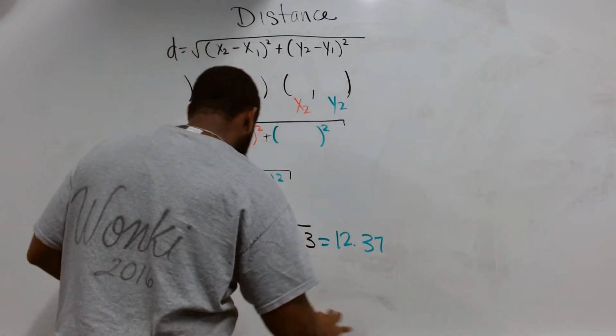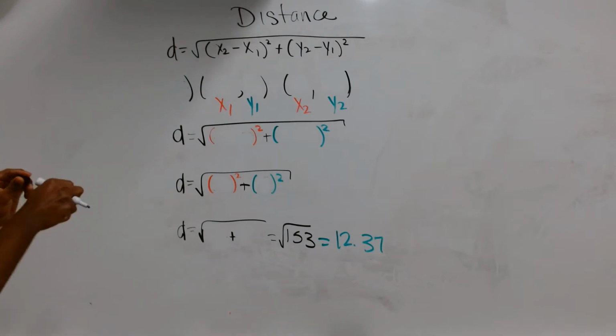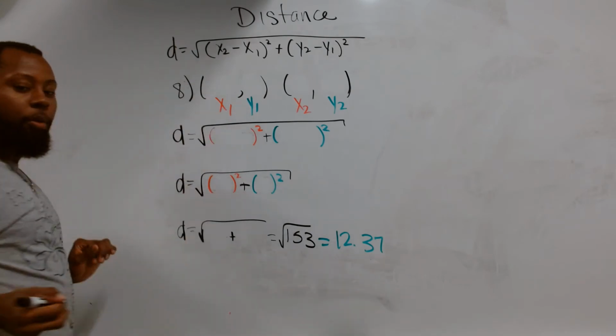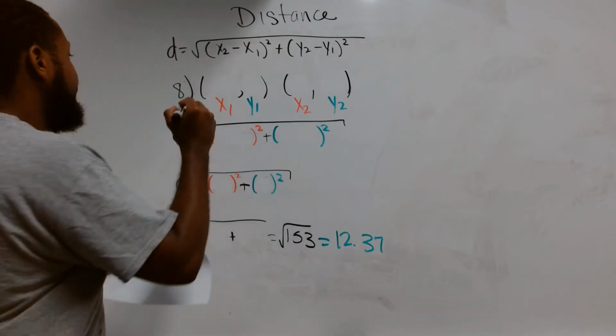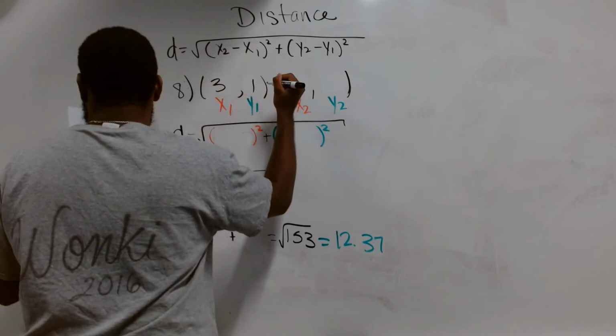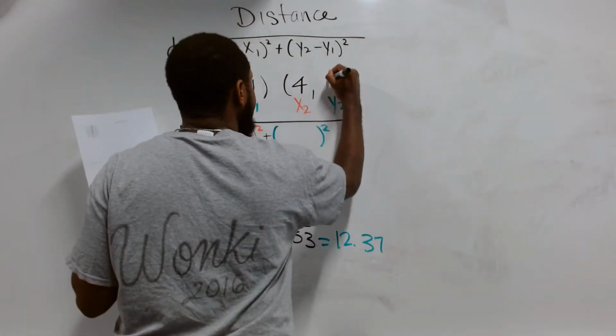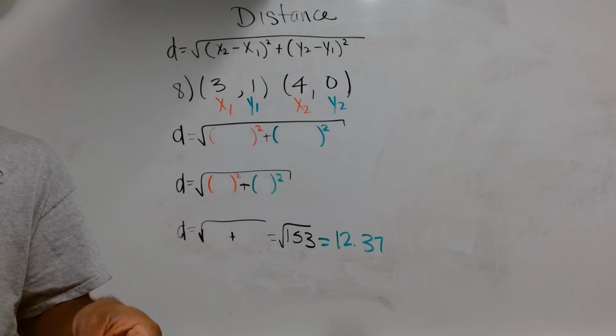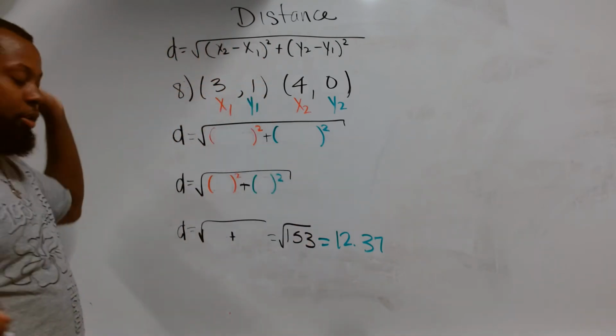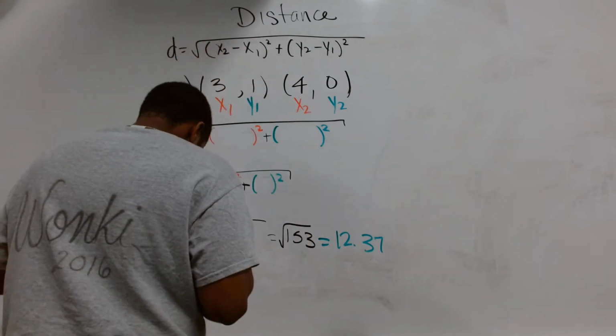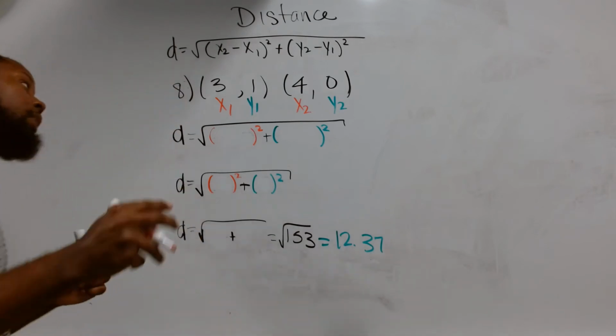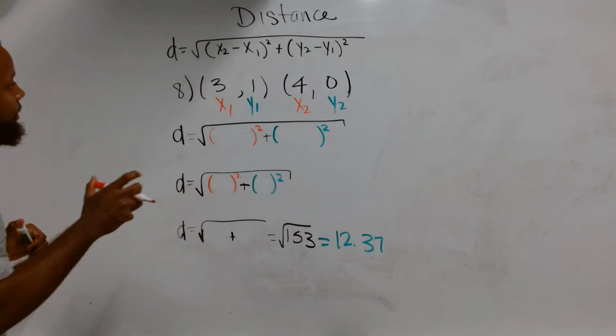But if not, don't worry. I'm about to fly through this. 8. So we have 3, 1. We have 4, 0. Let's go.